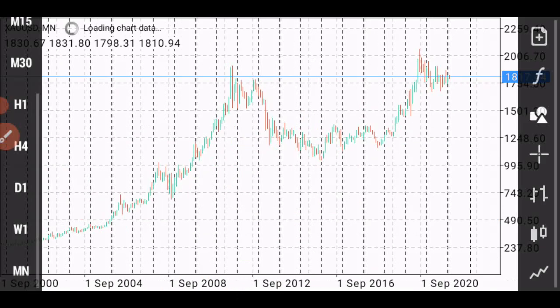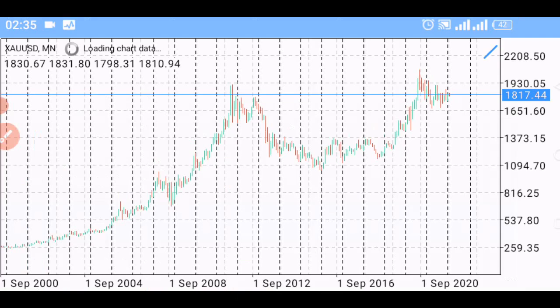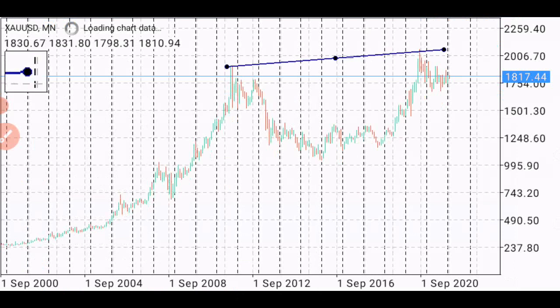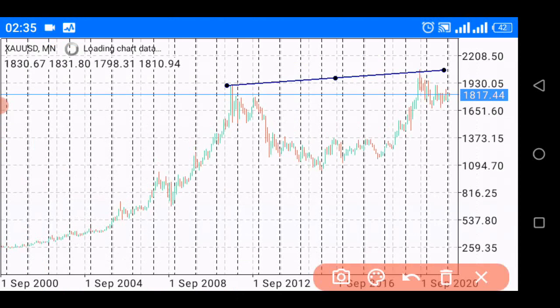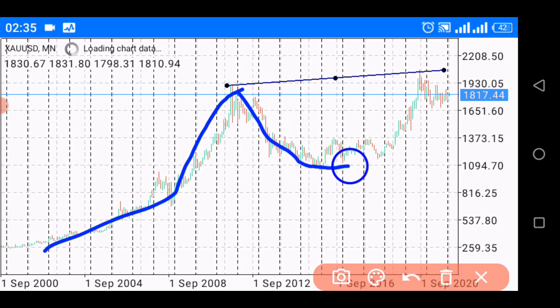From the monthly, you can see here we have very impulsive movements for years, let me say 2000 or so, and then we have a retracement here, and then we have something like this.